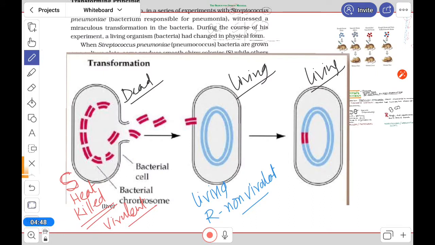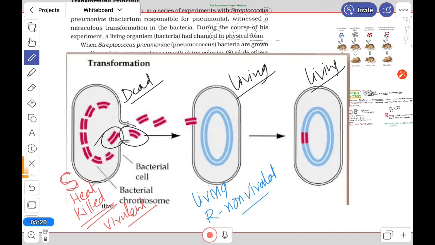Now bacterial transformation is the process of horizontal gene transfer from one bacterium to another bacterium in the environment. Look at here, even if this bacterium is dead, maybe the protoplasm coagulated, the cell wall structure destroyed, but the genetic material is still alive because genetic material will not be destroyed in that.